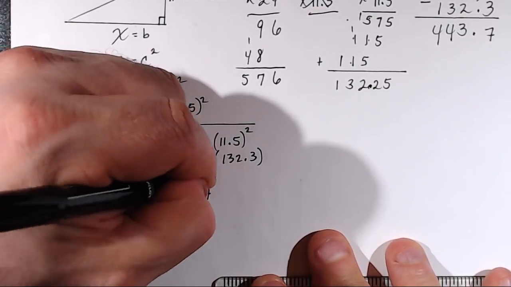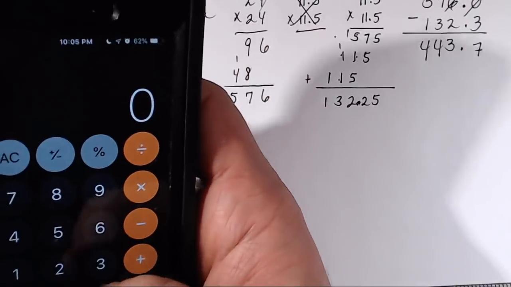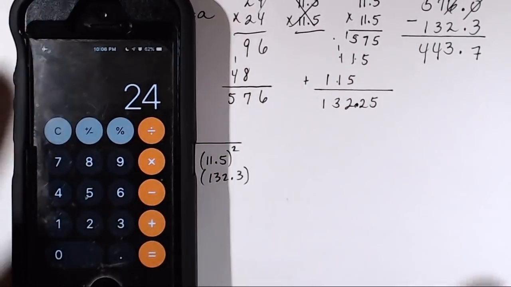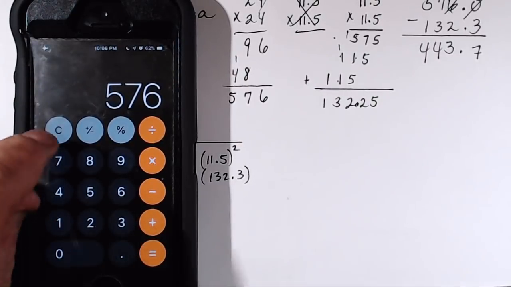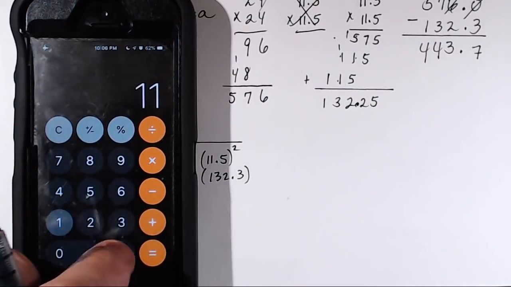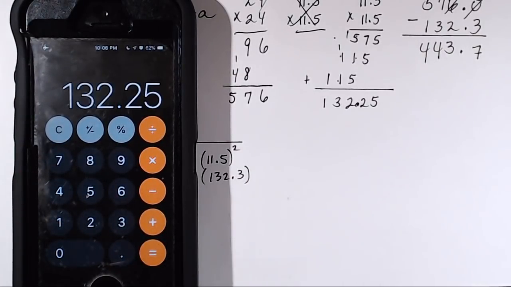443.7. Before we do that, let's just make sure that there were no weird errors anywhere. So let's just say 24 times 24, 576. Okay, that checks out. 11.5 times 11.5 equals 132.25.